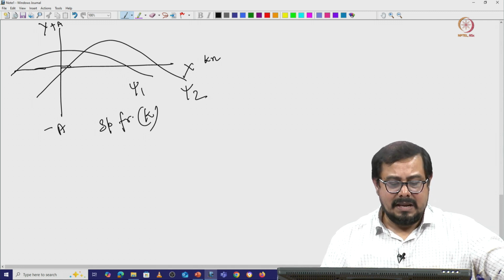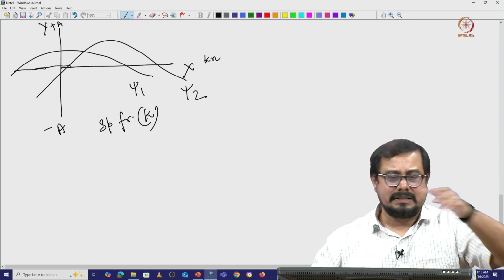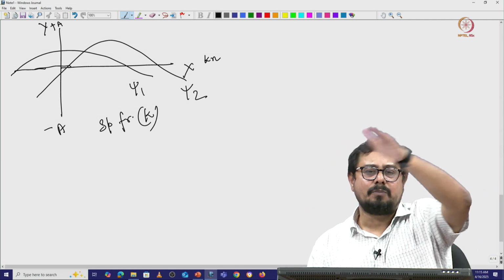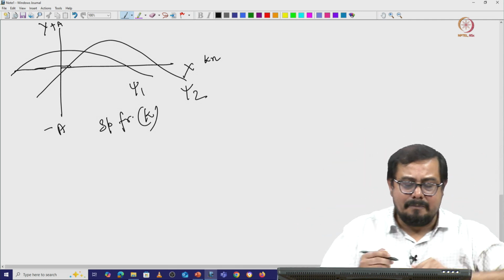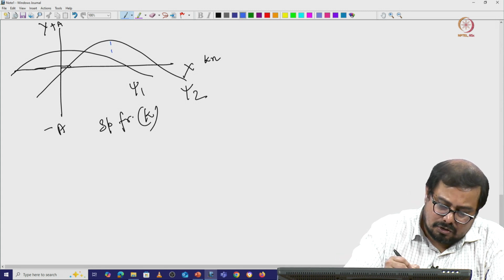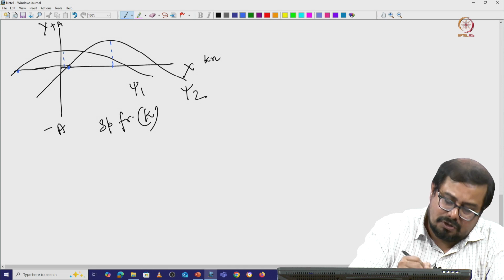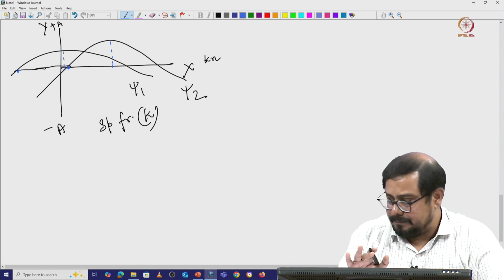What is happening is that one wave is going like that, and simultaneously there is another wave, but the start point is different, and the amplitude is also different. They are not the same.